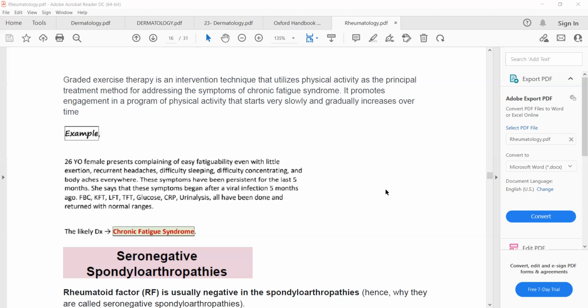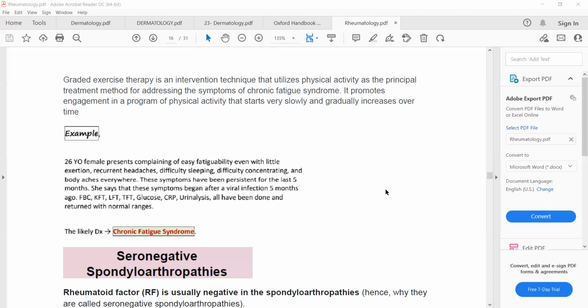If a psychiatric history is present, then your diagnosis will most likely be somatization disorder. And in somatization disorder, the person complains of multiple medical symptoms such as headache, abdominal pain, pain in the legs. So there will be multiple symptoms which cannot be medically explained with one condition.